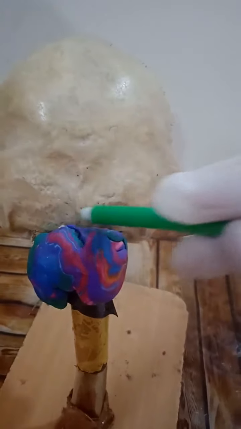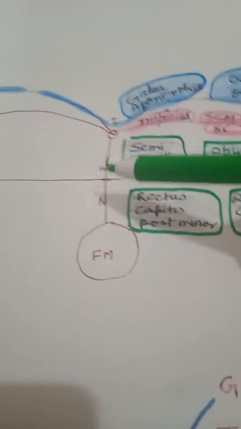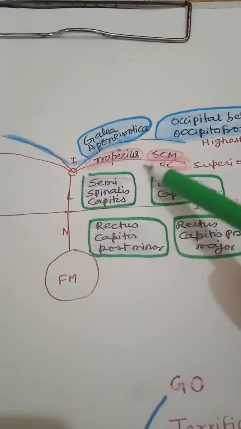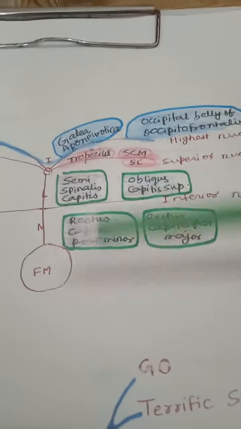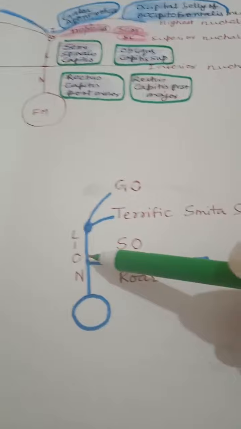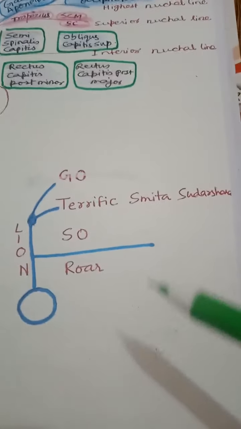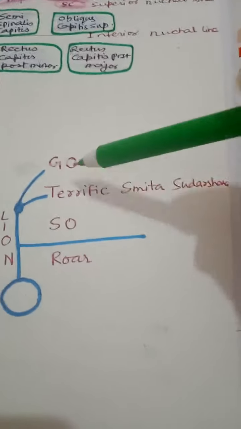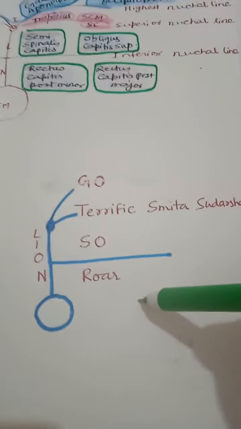From the inion up to the posterior border of the foramen magnum, this crest gives attachment to the ligamentum nuchae, LN, lion, and these are like two eyebrows, the highest nuchal line and the superior nuchal line. And the mnemonic is: Go, Terrific Smita Sudarshana, so roar. Lion is standing at the center, so who can dare to go there? No one except Smita Sudarshana.